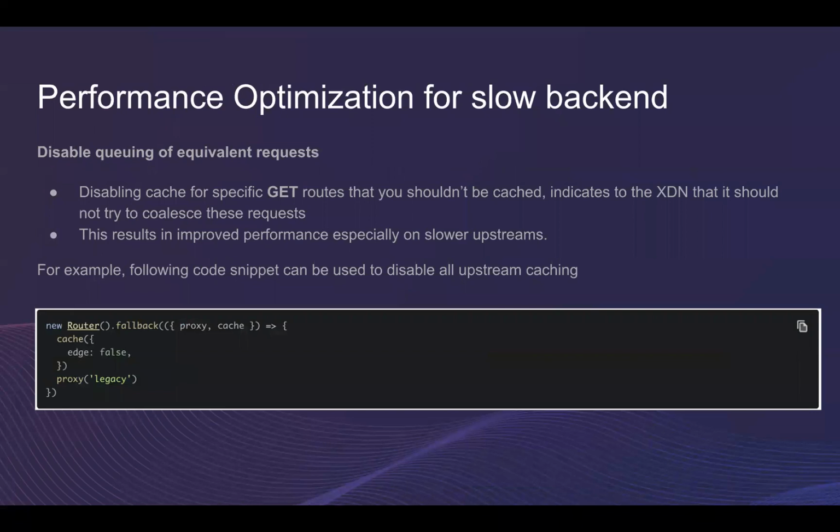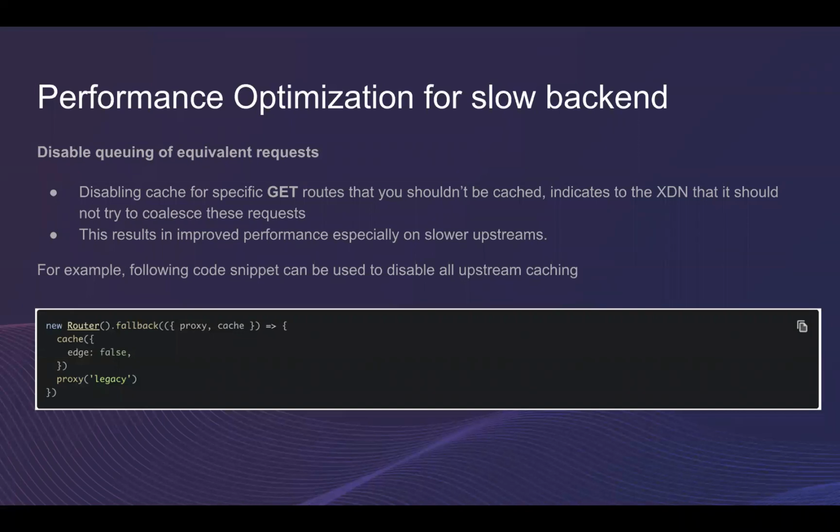Okay. Now, we have another functionality for you, especially to deal with slow backends or slow upstreams. What we now allow users to do is disable cache for specific GET routes so that it tells XDN, don't coalesce these requests, so that we are not waiting to figure out that the caching is not allowed on these routes, and then we can improve the response times for these specific requests.